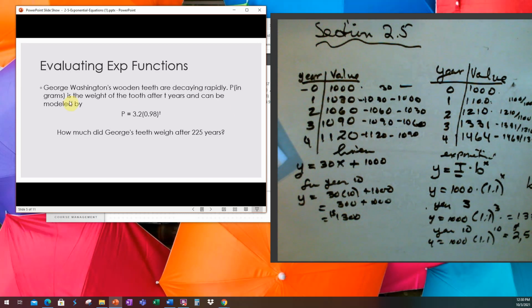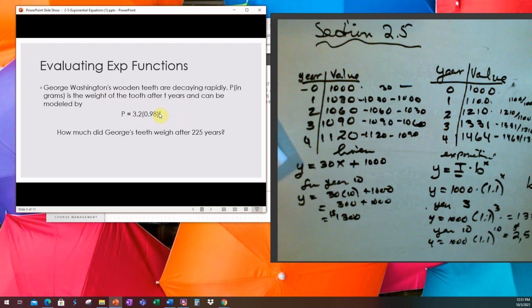So George Washington's wooden teeth are decaying rapidly. This amount is in grams, the weight of the tooth after T years, and can be modeled by this function. Apparently it started out at 3.2 grams. For some reason they knew this, and then it decreases by 2% a year, so 98% of it is left.